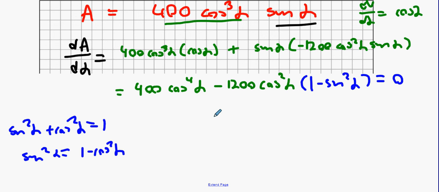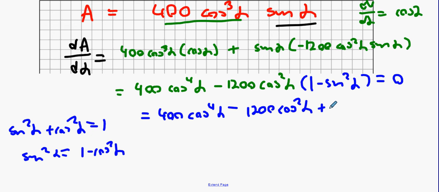Now, multiply that out and we get 400 cos 4 alpha minus 1200 cos squared alpha, and then plus 1200. Oh, sorry. I was isolating sine squared alpha, and that should be cos squared alpha.